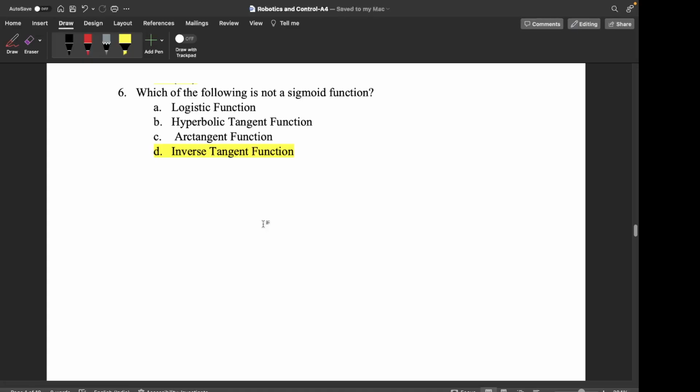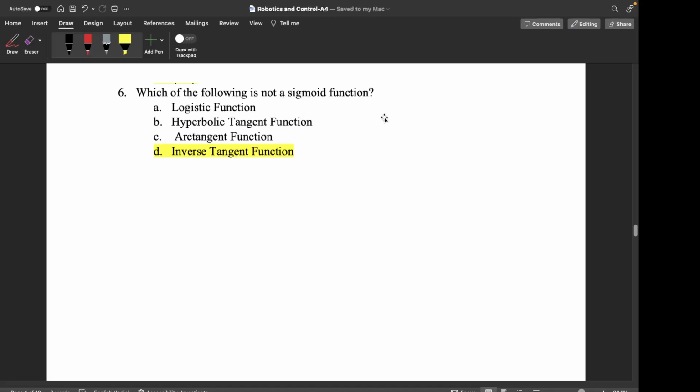Quickly moving on. So now we have arrived at the concepts of neural networks, and the question being asked is which of the following is not a sigmoid function. So first of all, what is the sigmoid function?